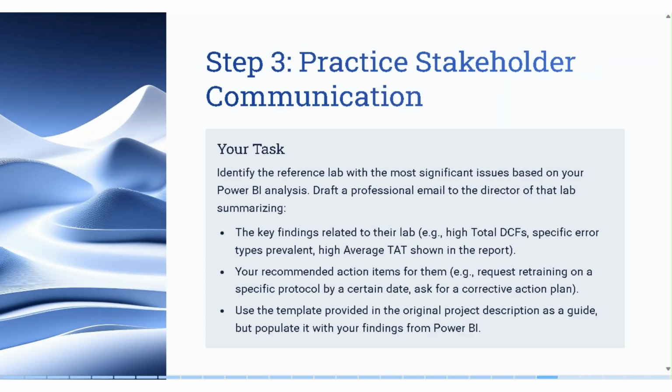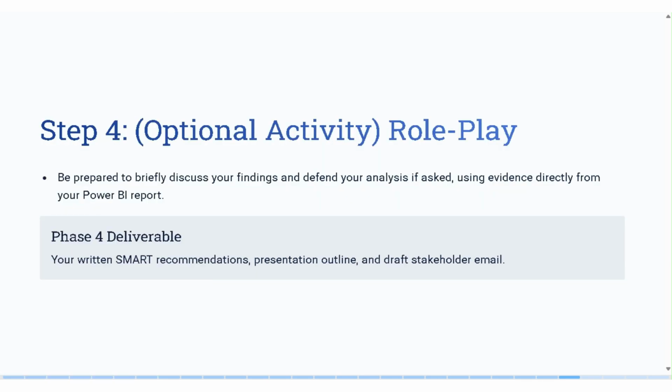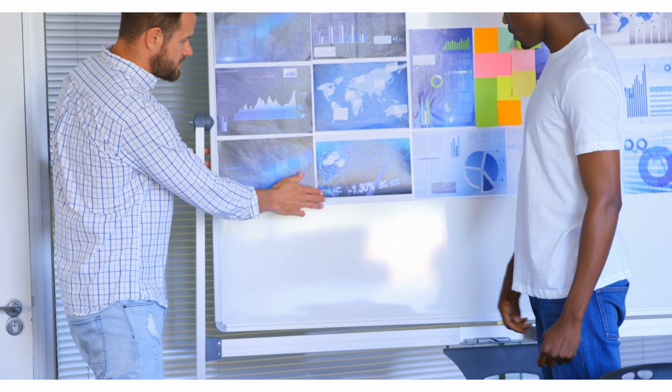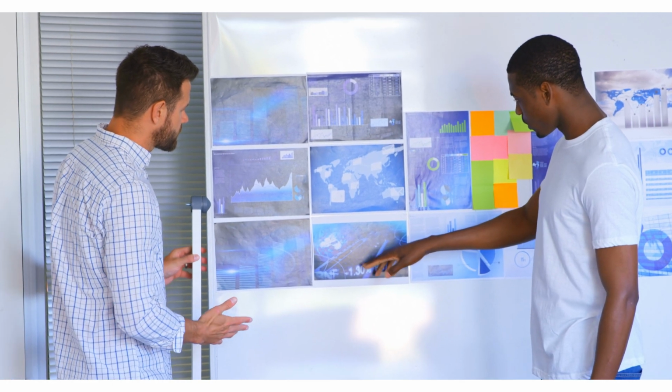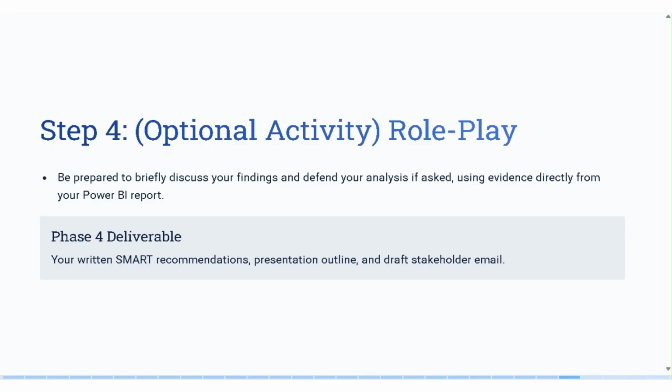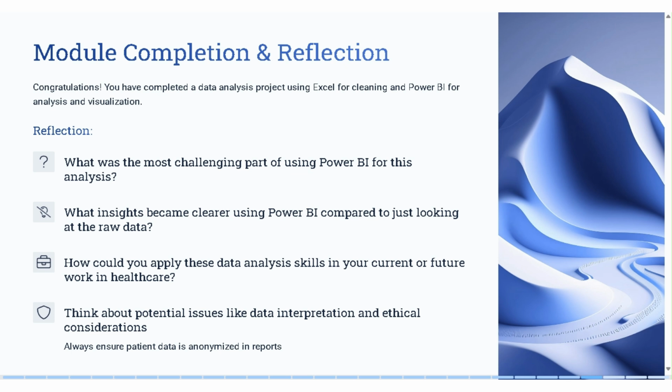Step 3 is to practice your stakeholder communication. And then, if you're willing to, you can just be prepared to briefly discuss your findings and defend your analysis, if asked, using evidence directly from your Power BI report. So I will share the reflection of this module with you once you have completed all of your tasks.